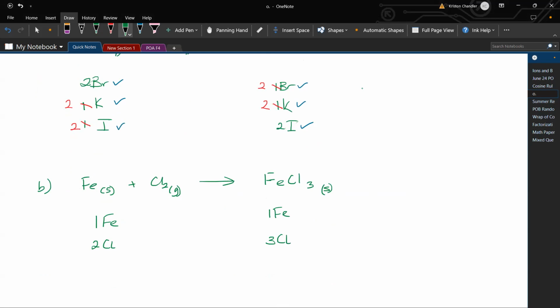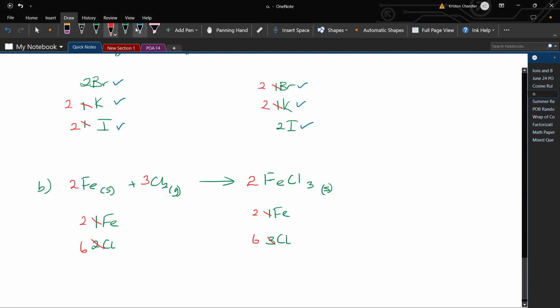We're actually looking for our LCM. So if I multiply by 2 here, that's going to make this 2, and that's going to make this 6. Then to get 6 here, I'll just multiply by 3. This will give me 6. To deal with the Fe, we'll put a 2 in front of here. That'll make it 2. We check: 2 Fe's, yes. 6 Cl's, yes. That's the second one.